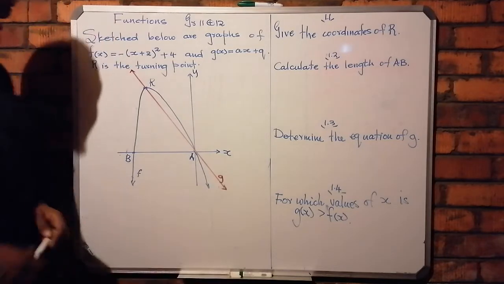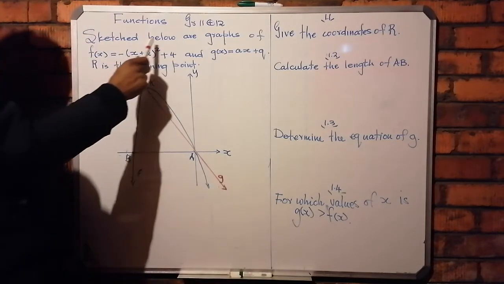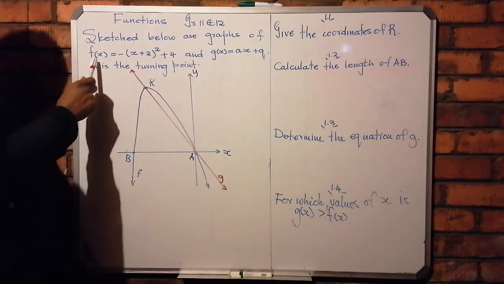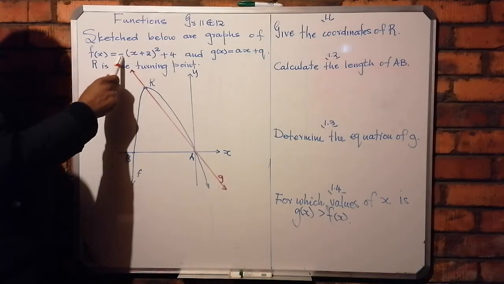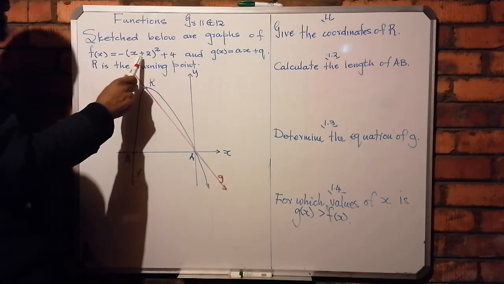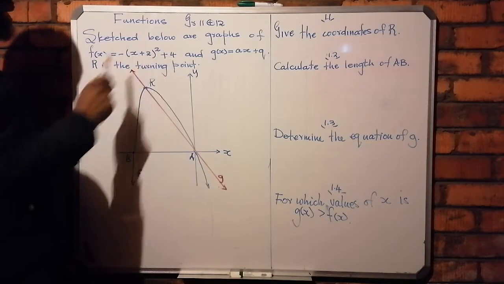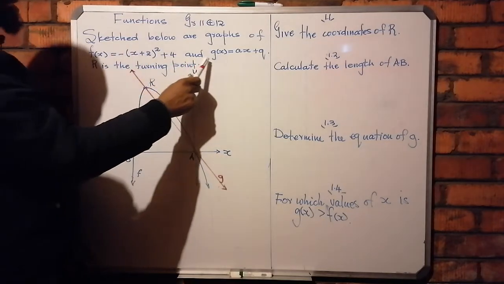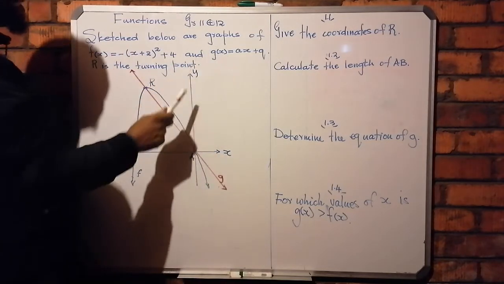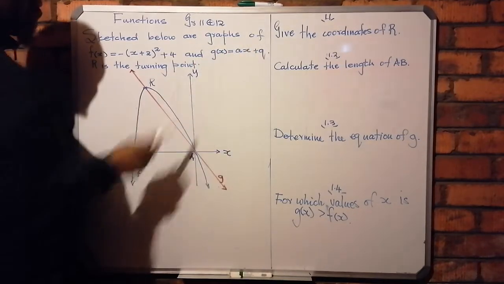What are they saying to us? They say sketched below are the graphs of f of x, which is equals to minus a into x plus 2 all squared plus 4, and g of x, which is giving us ax plus q.